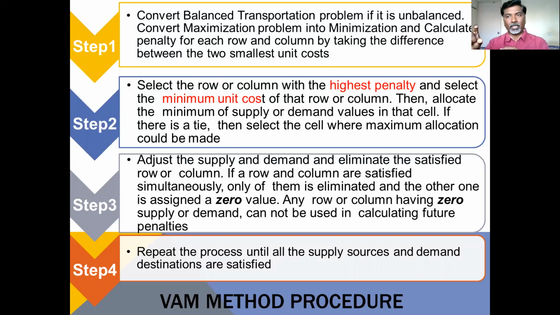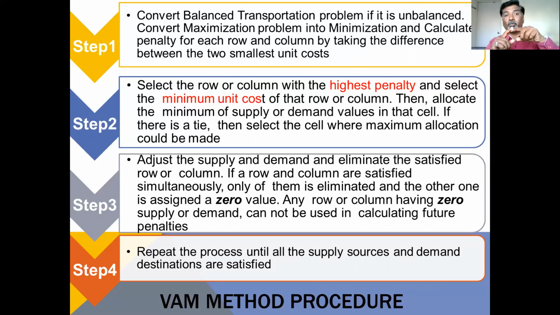Or if the penalty value is maximum for a row, then you have to scan all costs for that row, and from those values identify the minimum unit cost cell. For that minimum cost cell, you have to check whether demand is minimum or supply is minimum. That minimum value you have to assign to that particular cell.